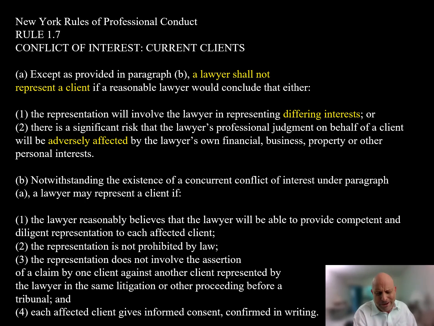So, okay, I've got to make a judgment call. And what do I base that on? Nothing. I just base that on what I think is reasonable. What are you going to base that on? You could read cases, but what if you make the wrong decision? What if your decision is not reasonable? So to me, it's a dangerous provision. But anyway, a lawyer can make a reasonable decision.